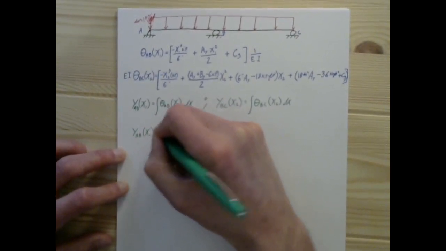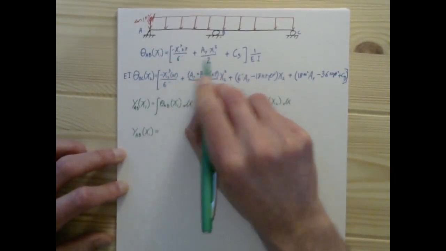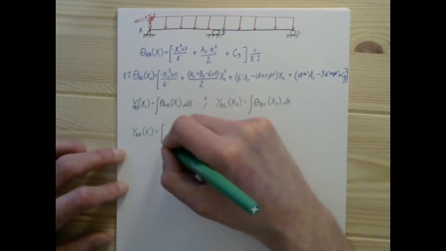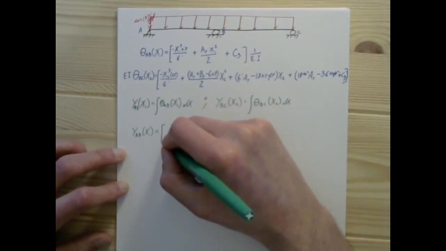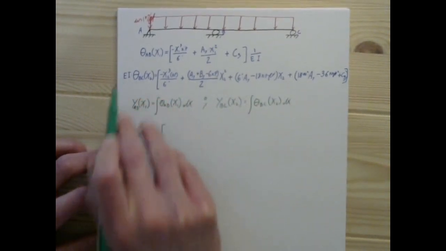I'm not going to write everything out a million times. It's the integral of this term right here. Open up brackets for the Young's modulus and second moment of inertia. I ran out of space here, so I had to tack it on right there.